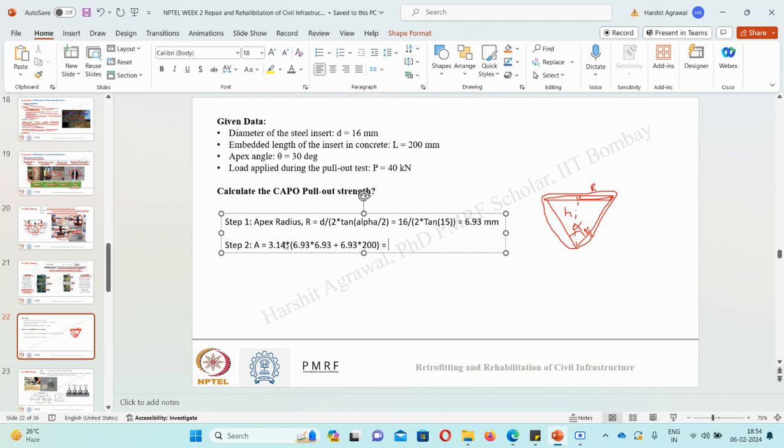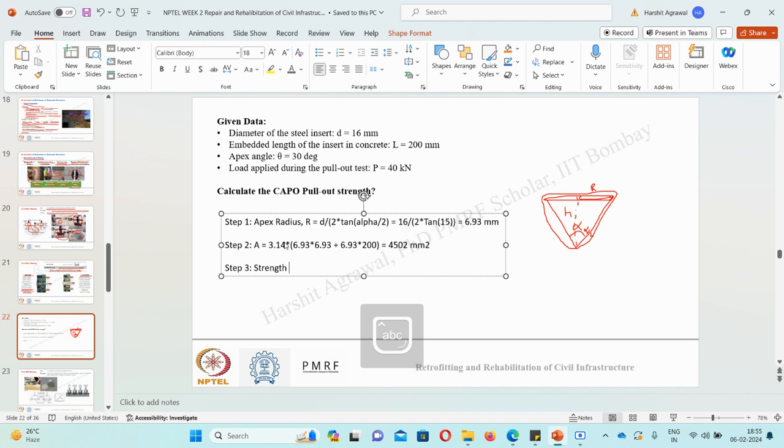Upon calculation we will get 4502 mm square approximately.